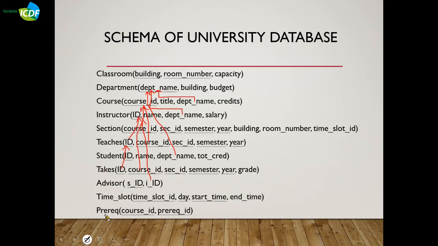And for prerequisite, the course ID and the prerequisite ID both reference the primary key of course. So both of them are foreign keys and are referencing the course table simultaneously.